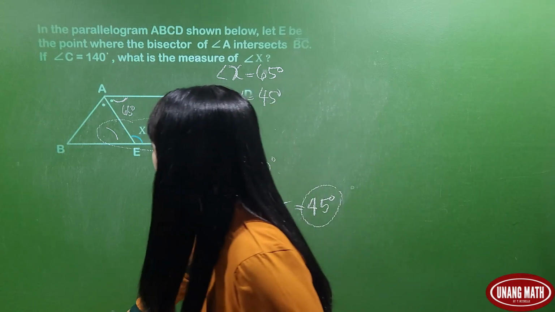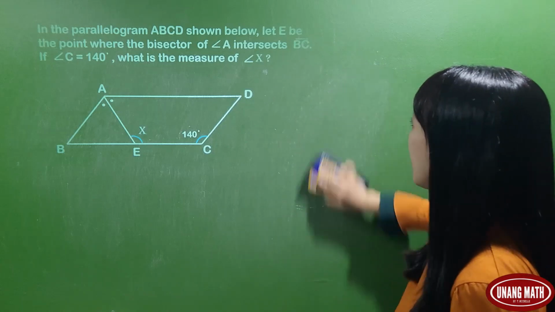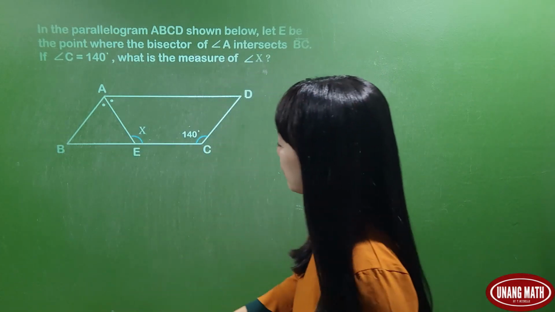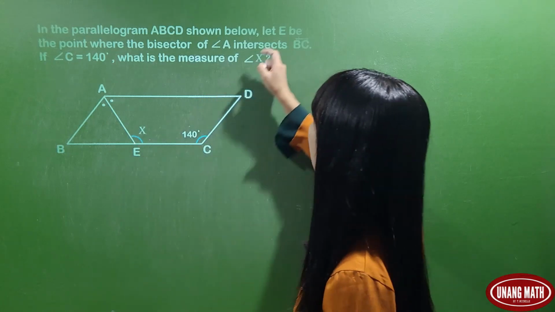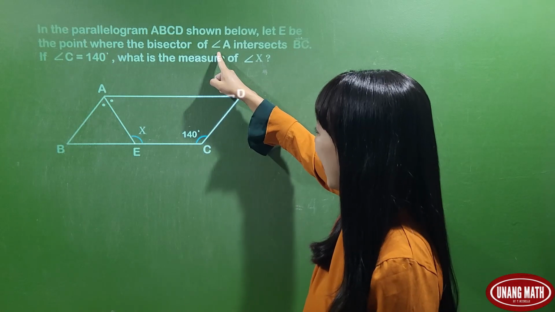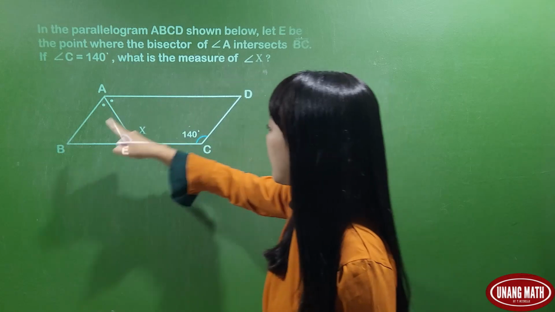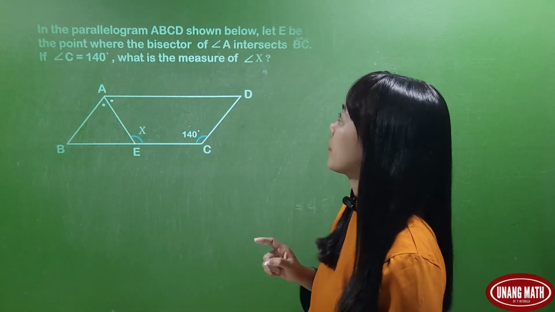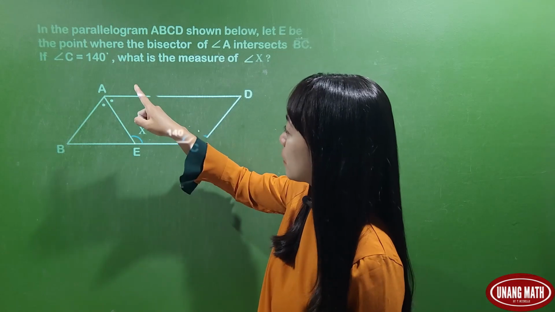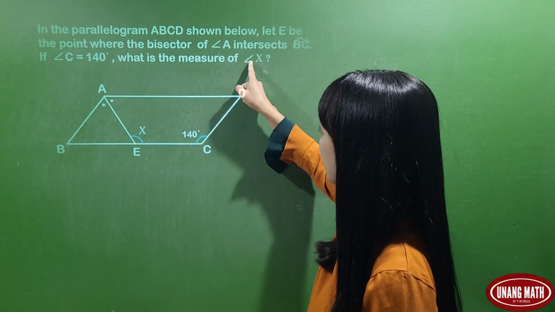What about this last problem? In the parallelogram ABCD below, let E be the point where the bisector of angle A intersects segment BC. If angle C is equal to 140 degrees, then what is the measure of angle X?